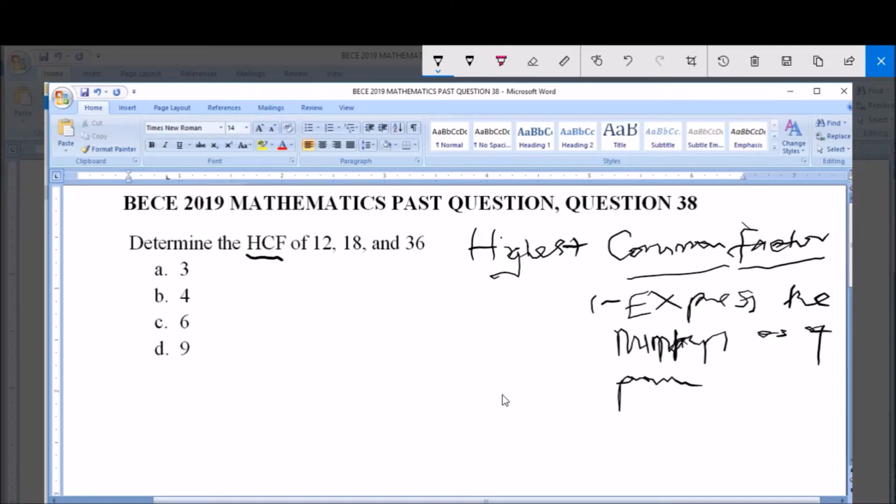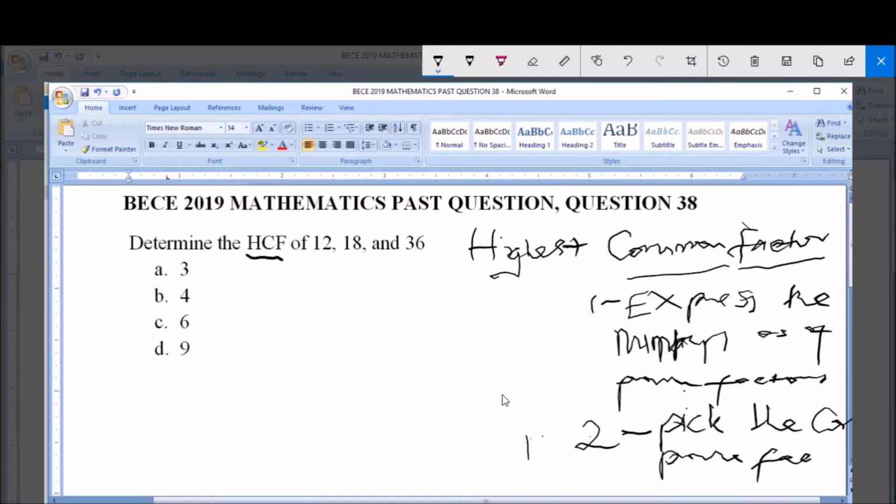Then two, after expressing all these numbers as products of prime factors, we select the common prime factors, that is the prime factors that are common to all of them, and after that we multiply them. So let's go.